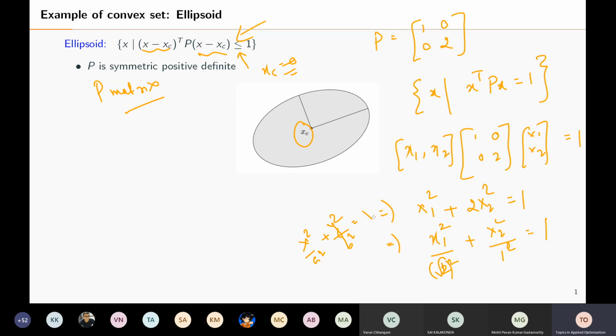This is the equation of an ellipse, but it can be compactly written using matrices. And if it is not centered around 0, then we can make use of this xc and subtract it, and so on. So if we look into this now, this is the set.